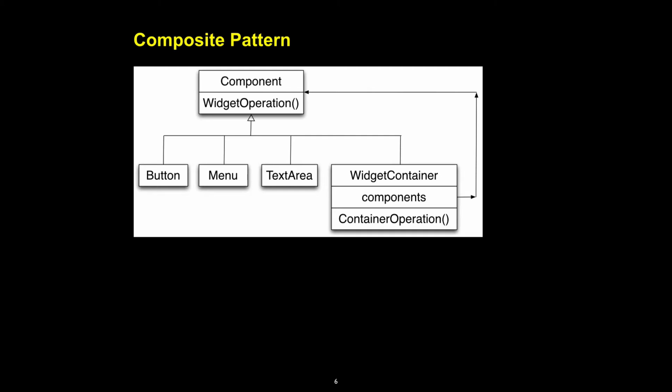Which, strictly speaking, doesn't make sense, right? Because a container is not a component. It's not a widget, right? They behave differently, right? Containers hold things, and widgets don't, right? Widgets have actions you can perform on them, like press them and callbacks. Containers don't, right?